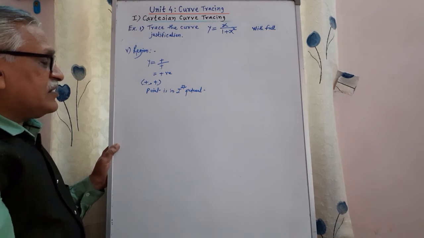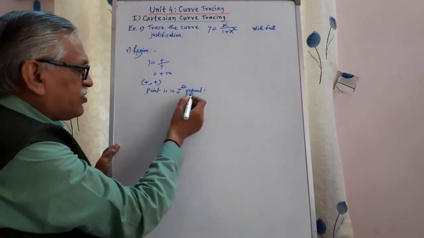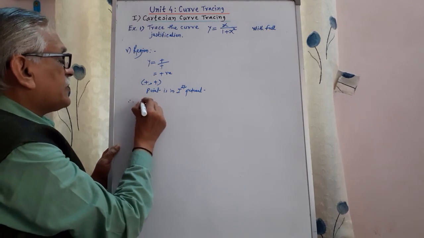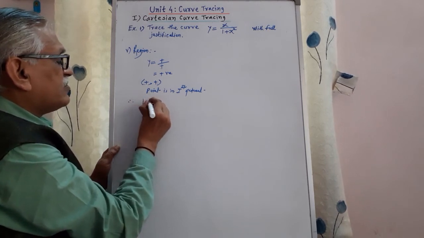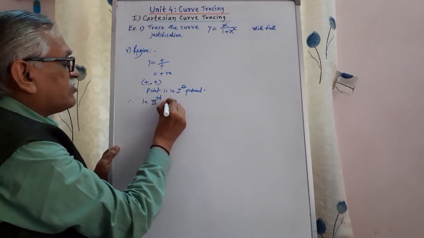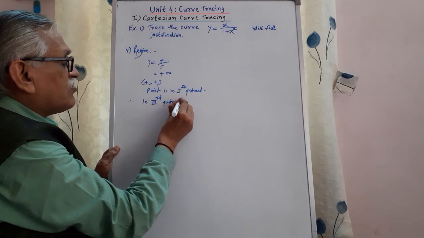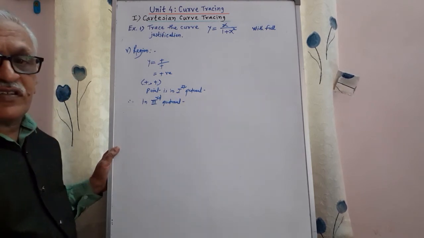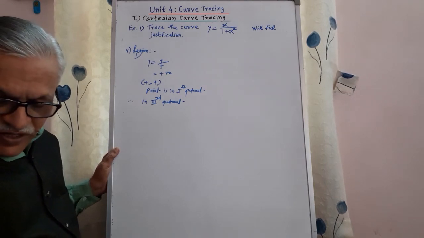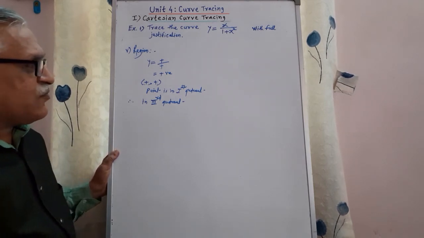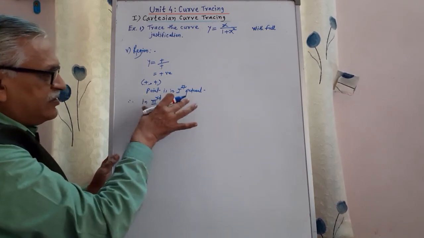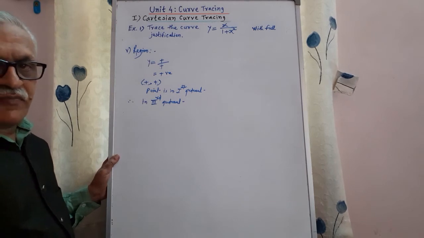And as we are getting any point which is in first quadrant, a symmetrical portion in third quadrant. Means curve exists in only first and third quadrant. Means curve does not exist in second and fourth. Therefore, keeping this in mind, we have to complete the figure.